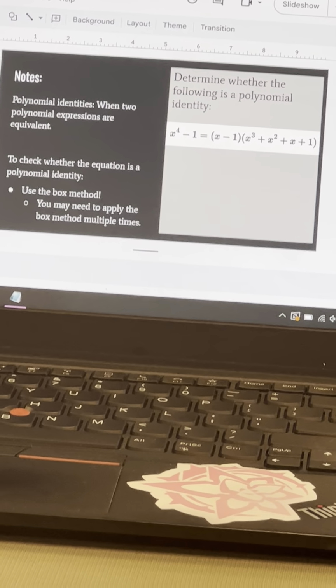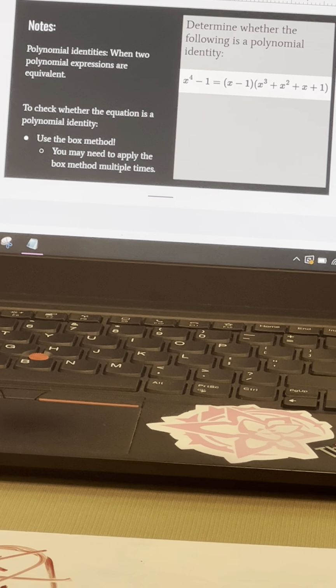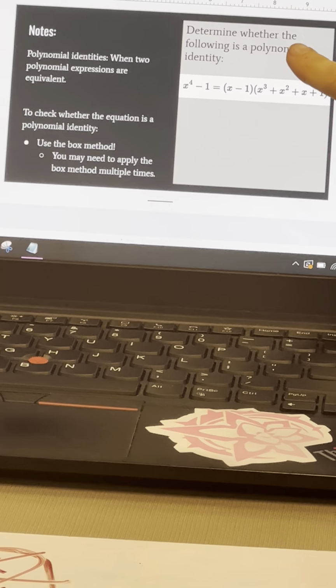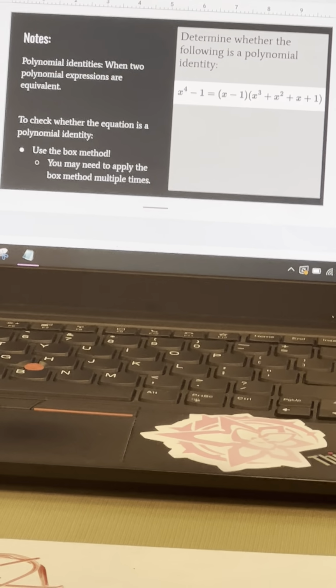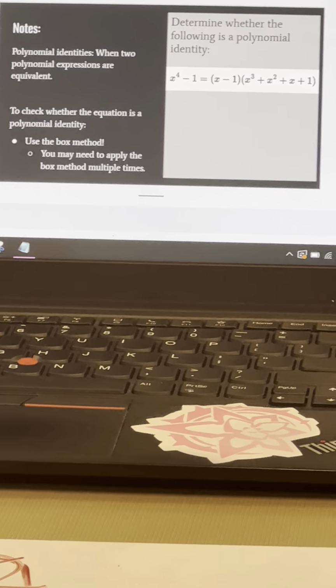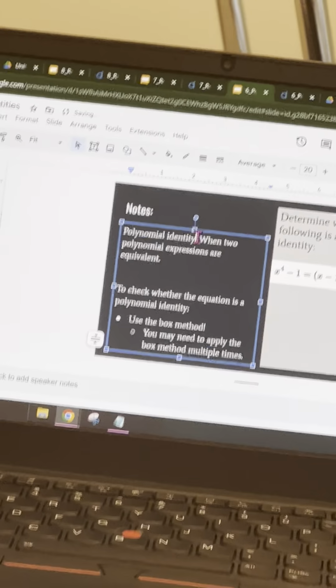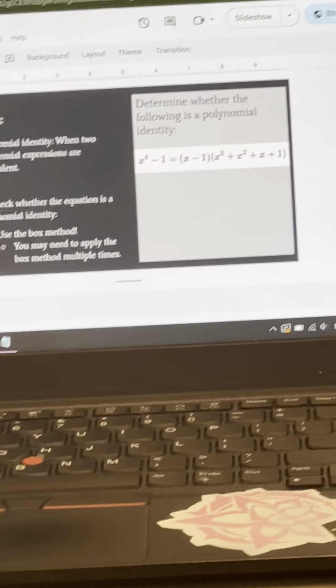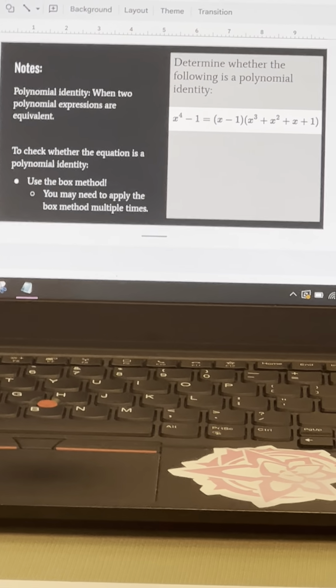Yeah, so I like how your second side is to determine whether it is an identity. So it's about being able to algebraically prove that the left side is equivalent to the right side.